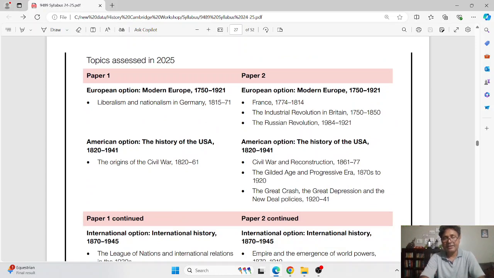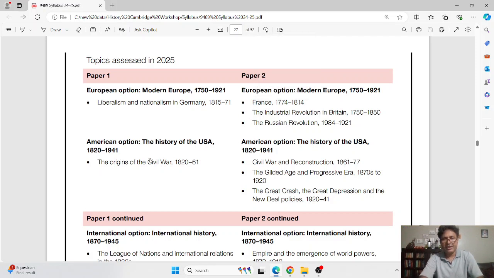If a candidate opts for the European option for the exams in 2025, this means liberalism and nationalism. This would be the prescribed topic for paper 1, while the remaining 3 topics, France, the Industrial Revolution, and the Russian Revolution, would cover paper 2. So this is how paper 1 and paper 2 will go.